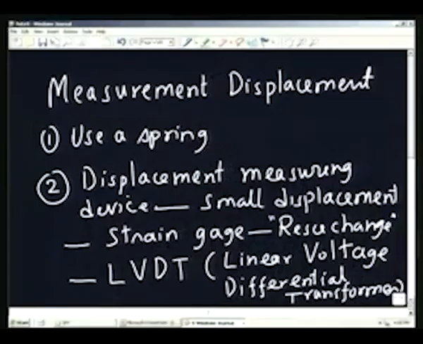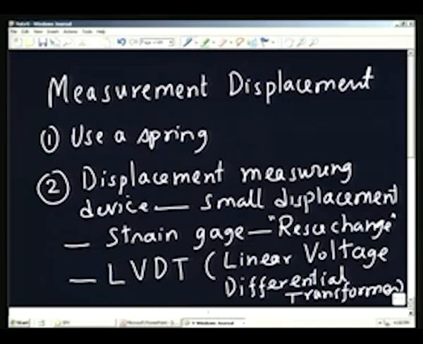But in this particular example, we are interested in measuring a pressure using the strain gauge as the displacement transducer, or we can use the LVDT. It is a linear voltage differential transformer which can be used for measuring the displacement.